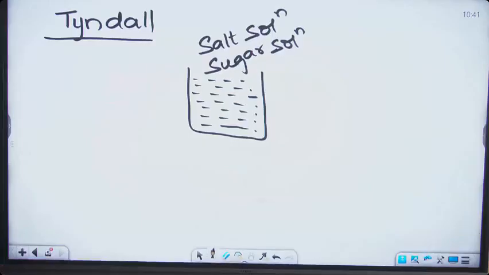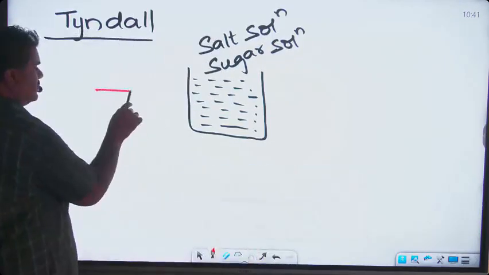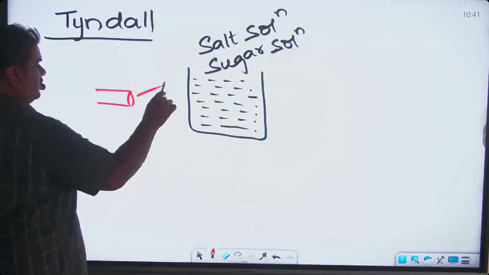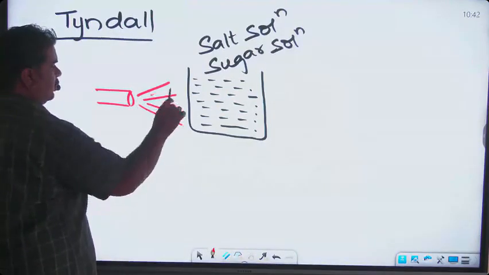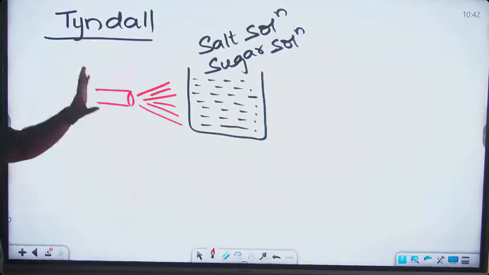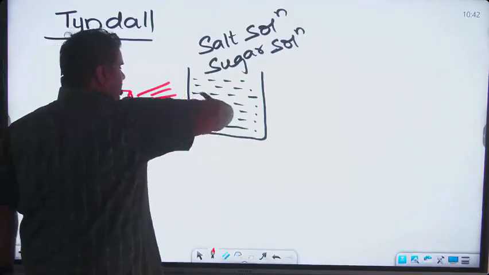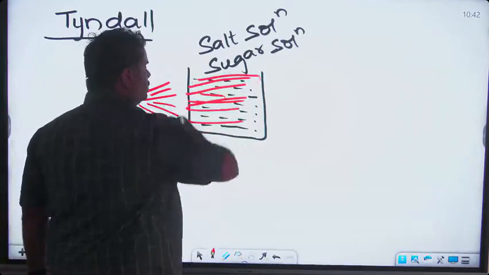Now onto this particular true solution, suppose that using a particular torchlight, some light is focused on this. The moment the light is focused on this particular sugar solution or salt solution, the light will be completely traveling throughout the solution in this particular way.